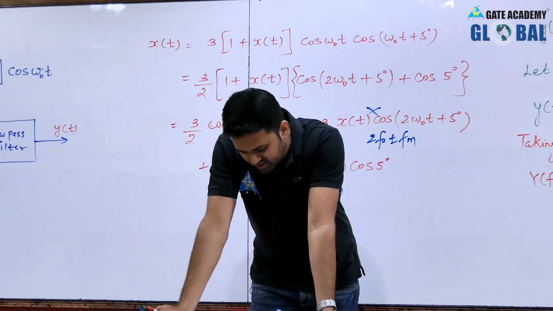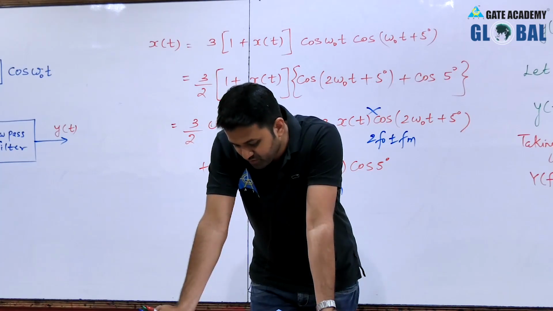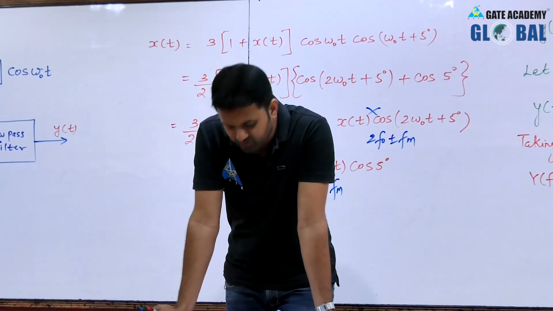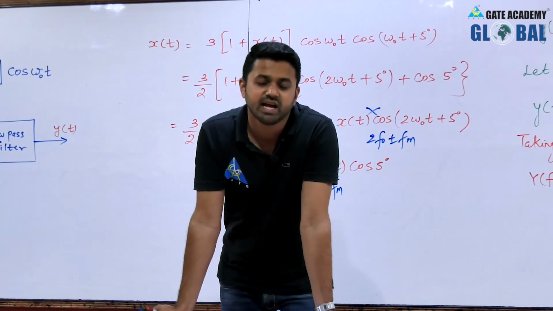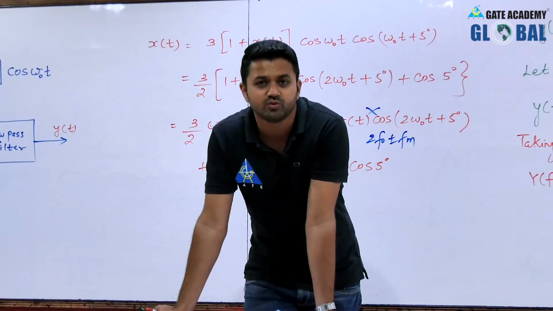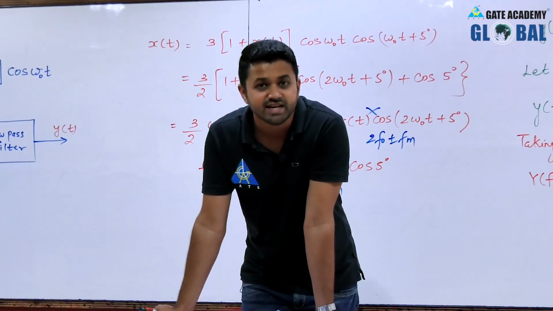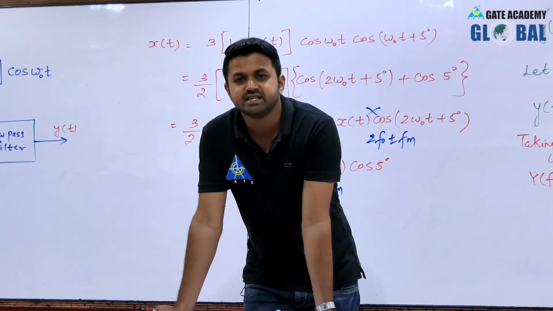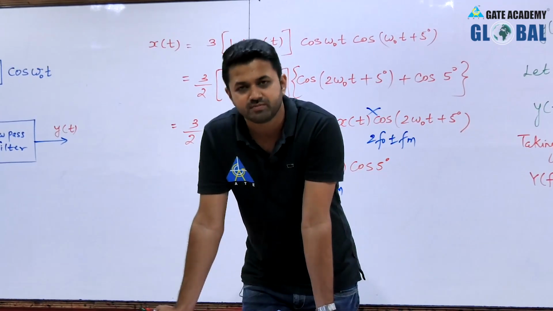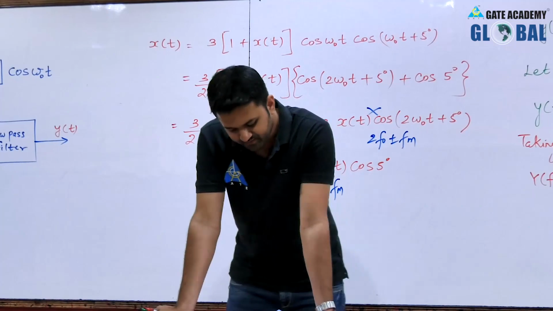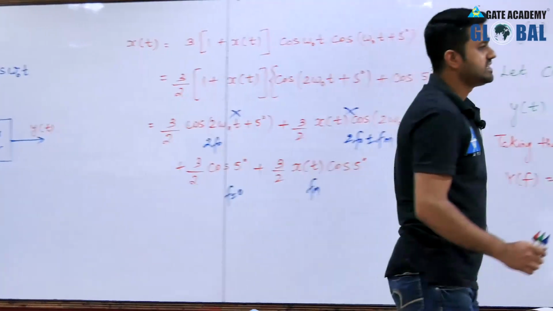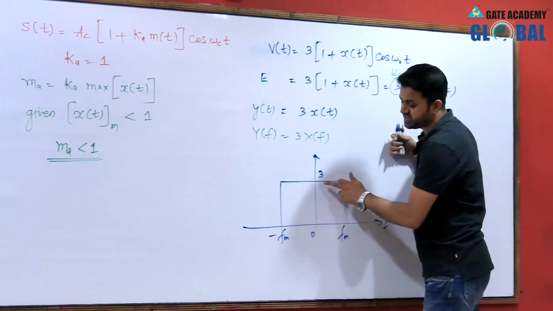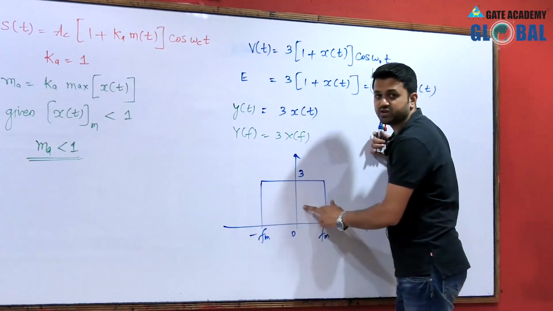You can ask why we blocked the DC term, because here also there is no DC blocker written. But the envelope detector has the property to block this DC value itself, because it is designed in such a way that the DC will be blocked inside the envelope detector. That is why we considered the DC value blocked, and why we did not draw the impulse at f equal to 0.